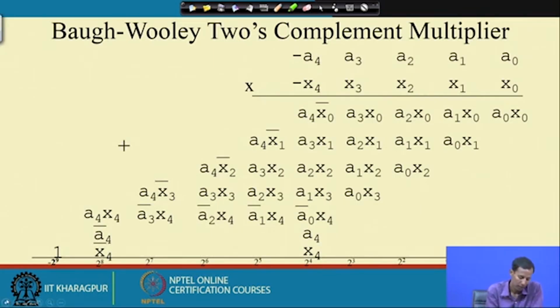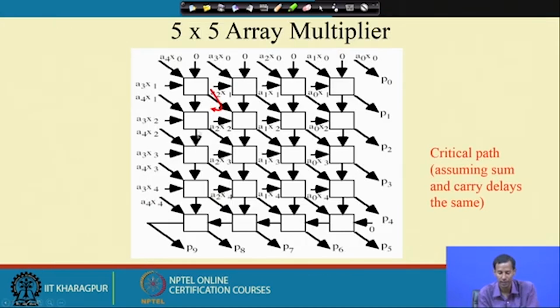So, then this particular architecture will be the corresponding P4, and not only this P4, again as this P4 is coming over here, then at this particular position it is also traversing to produce P6, P7, P8 and P9.